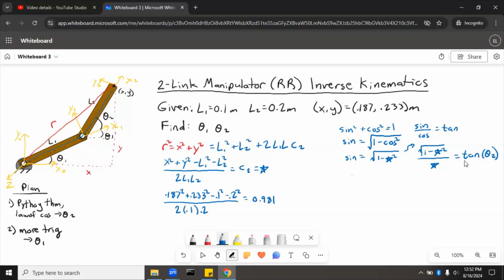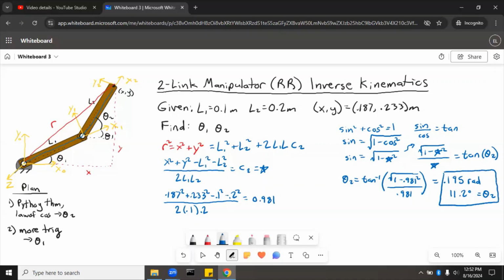Now we'll take that 0.981 and put it in, and we get theta 2 equals tan inverse of the square root of 1 minus 0.981 squared, over 0.981. That is 0.195 radians, or 11.2 degrees, equals theta 2. So that's theta 2.